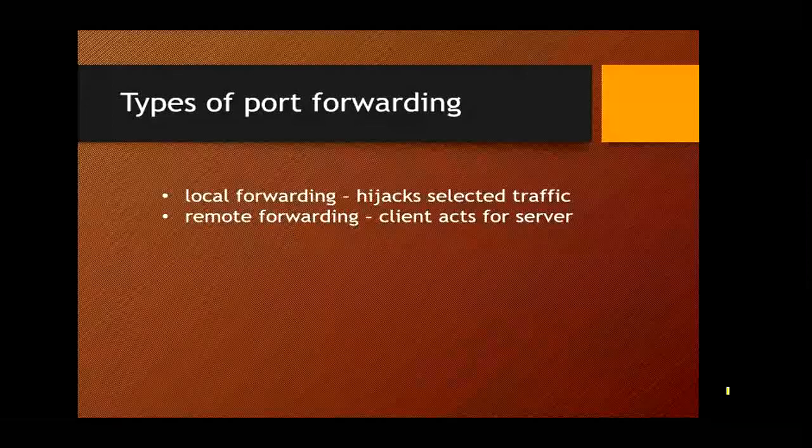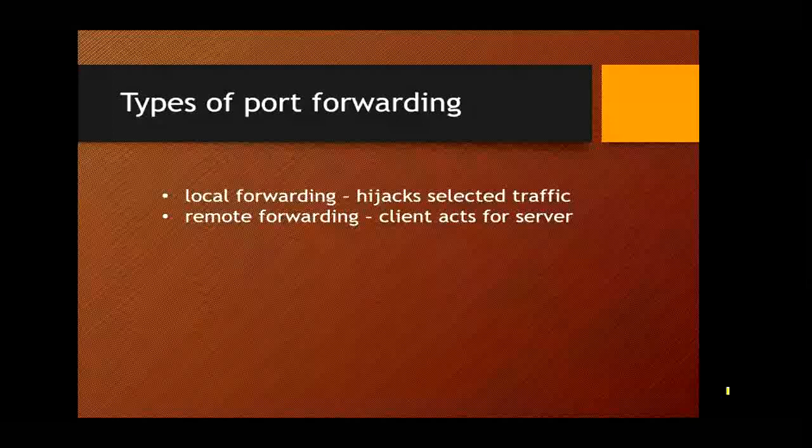Remote forwarding is where the client acts for the server, or I can say the SSH client acts on the server's behalf. Let us look into each of them in detail.